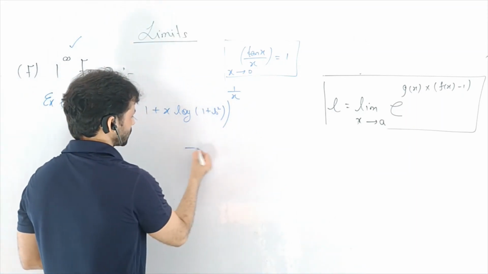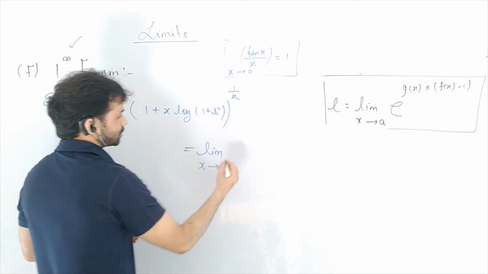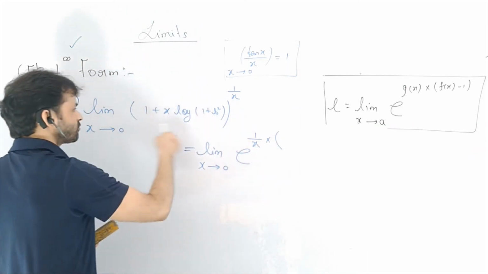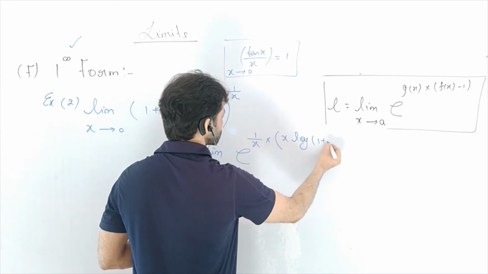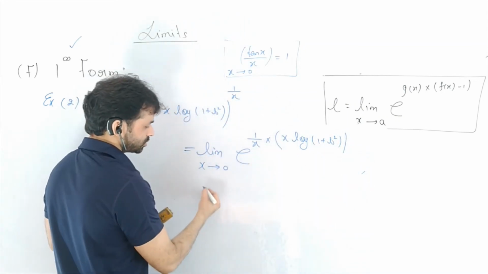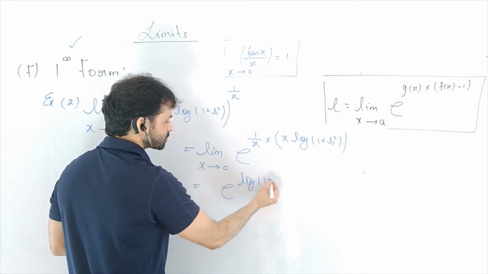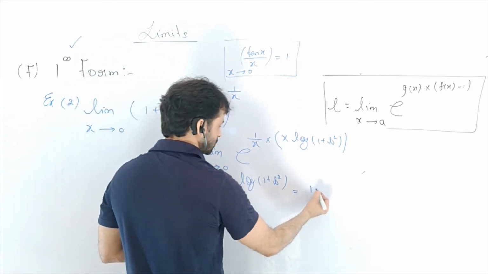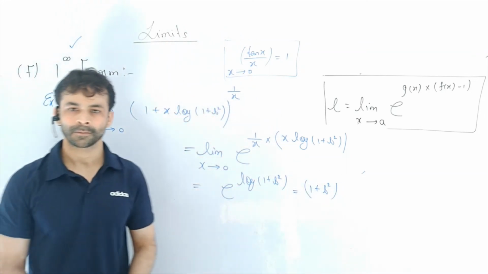So what do you get? Limit x tends to 0, e to the power 1 by x into f(x) minus 1, so x into log(1 + b²). This x will cancel out, so we get e to the power log(1 + b²), and this will simplify to 1 + b². Right?